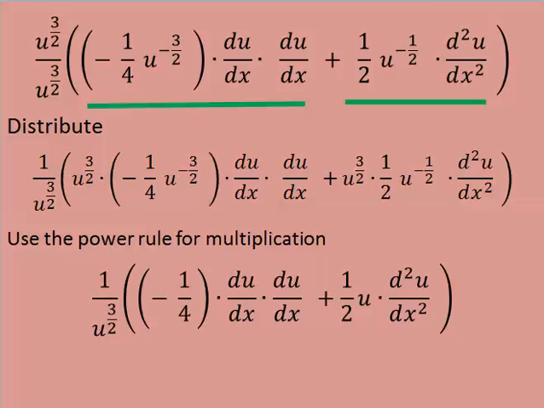So that gives you u to the 0, because 3/2 plus negative 3/2 is 0. And u to the 0 just equals 1. And that's kind of the goal. Now for the second term, I have u to the 3/2 and I have u to the negative 1/2. 3/2 plus a negative 1/2 is 1. So that gives me u to the 1 power. And so it's still not very beautiful, but it is cleaned up.